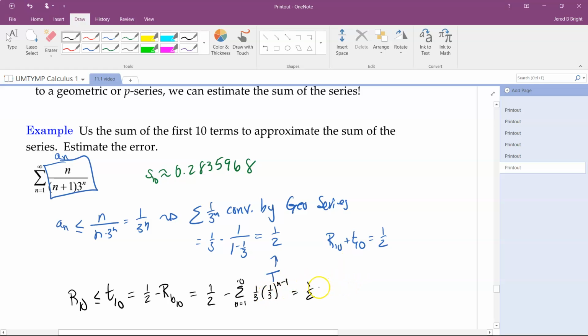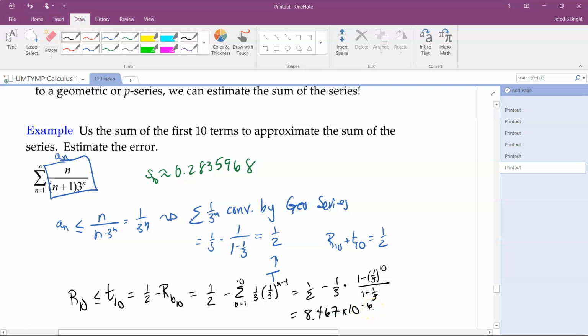It ends up being 1/3 times 1 minus 1/3 to the 10th power over 1 minus 1/3. Crank on this long enough, and what I got was 8.467 times 10 to the minus 6.